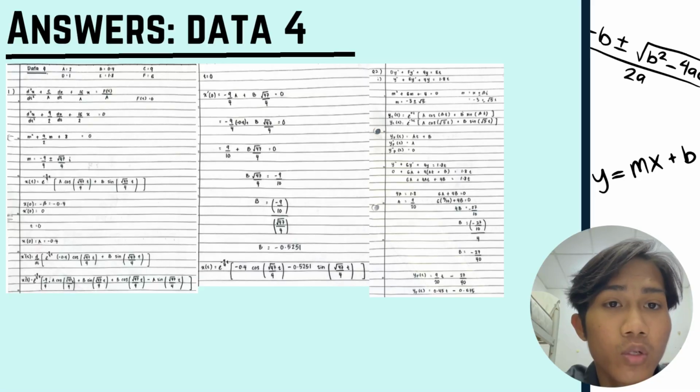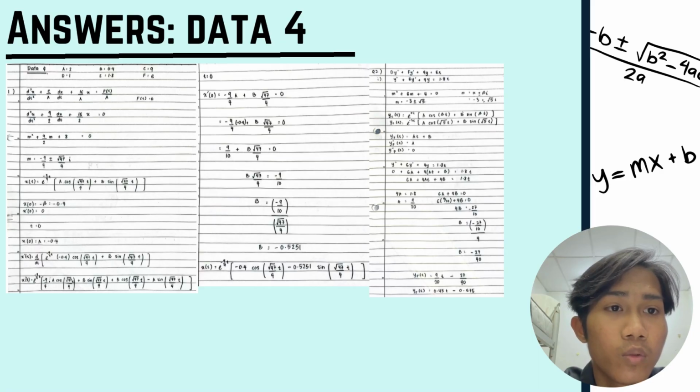T equal to 0, x0 equal to a, and a is equal to negative 0.4. We differentiate xt one time, and we get the equation like this. At t equal to 0, x prime 0, we substitute the value, and we get b is equal to negative 0.5251. We substitute values a and b into the xt equation.